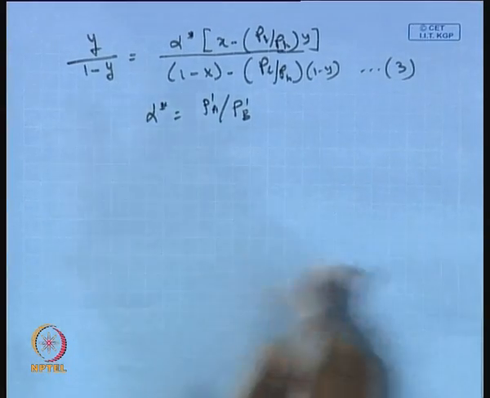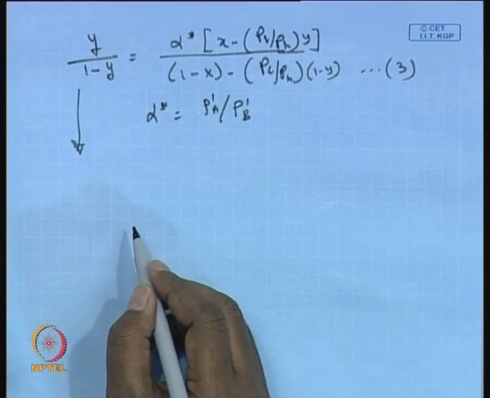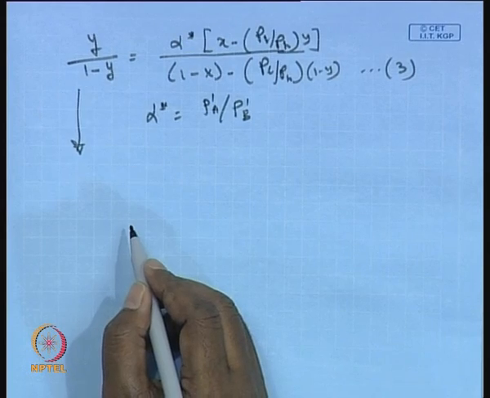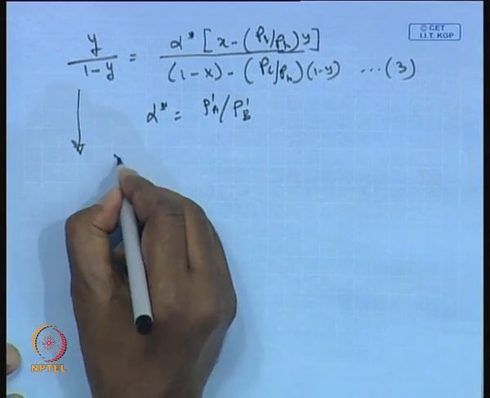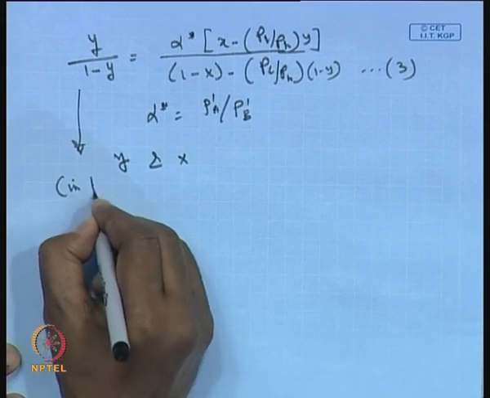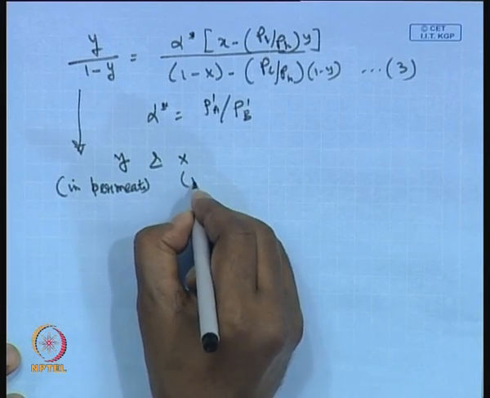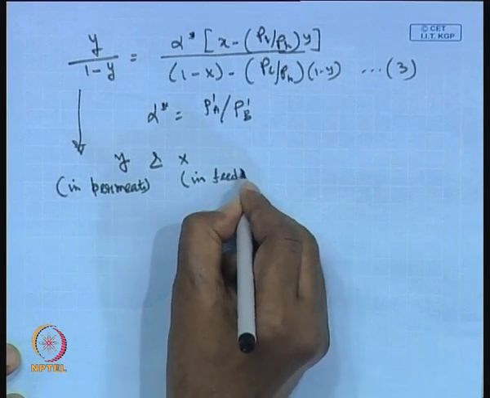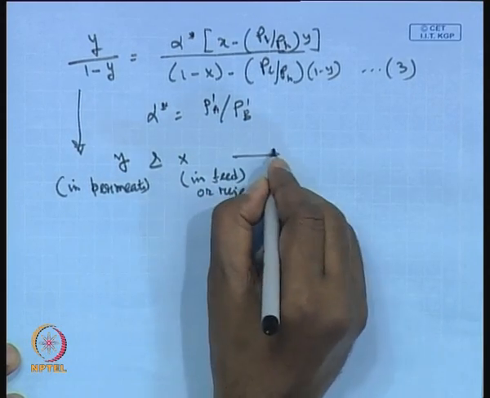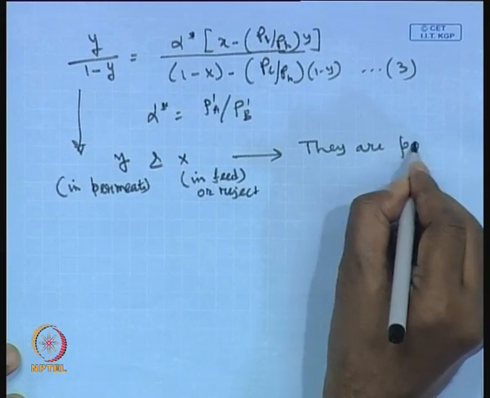The permeate composition y is varying and the reject composition, mole fraction x, varies as a point function throughout the length of the membrane. So, y in permeate and x in feed or reject are point functions.